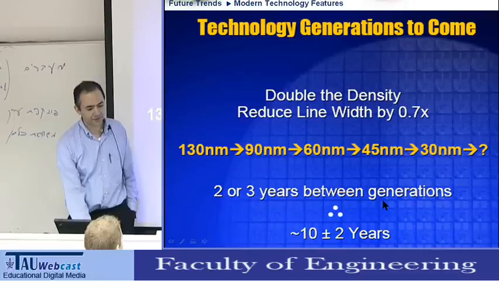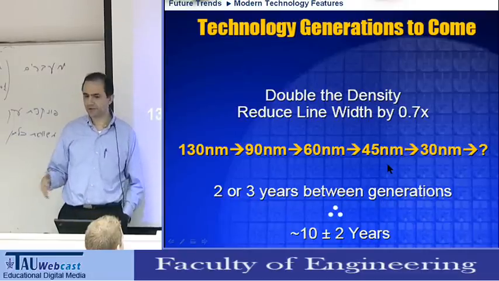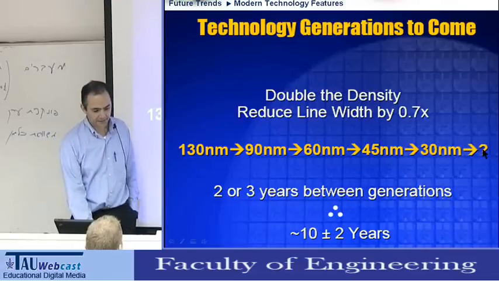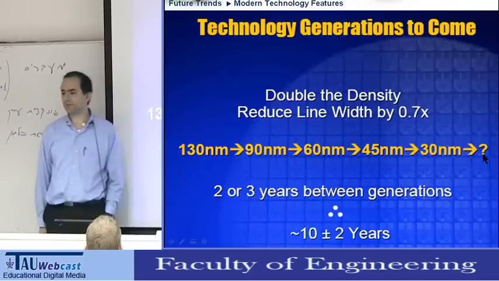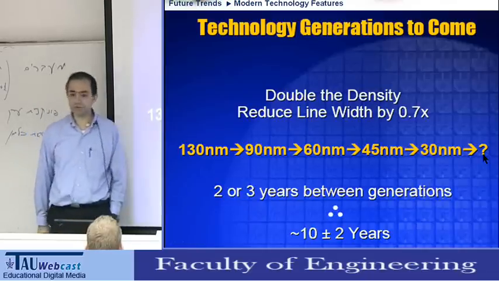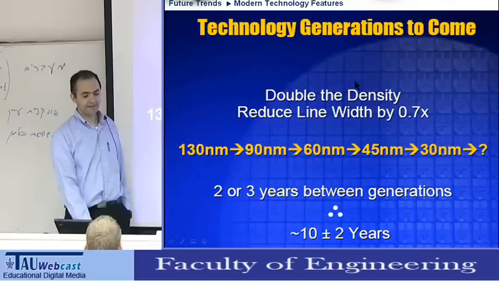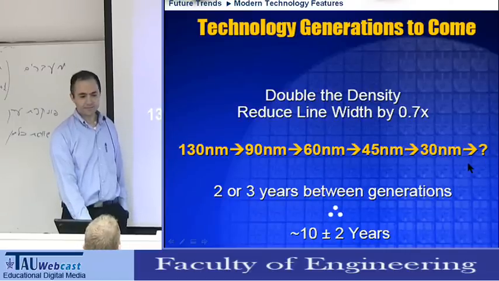This is what Gordon Moore said, that the space between generations will grow instead of 18 months. I can say that today we are at 22 nanometers in production. So it even answered his question mark. He was sure about 30 nanometers, but not sure about the next step.